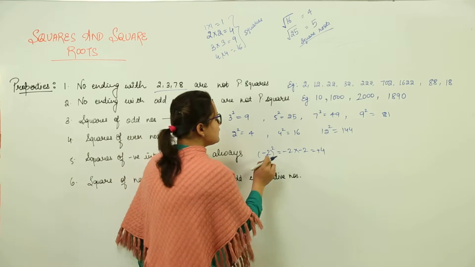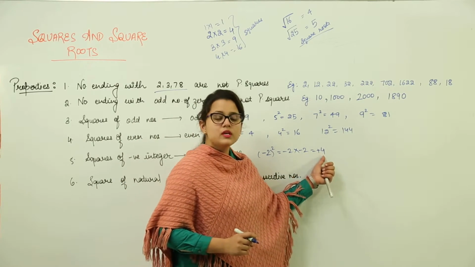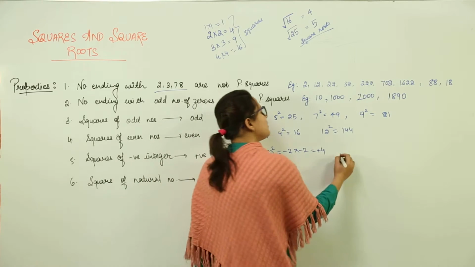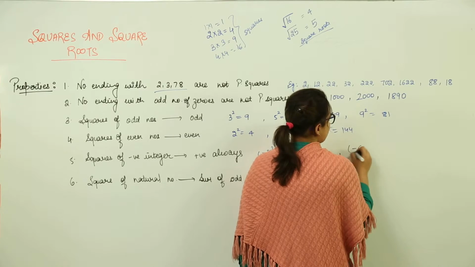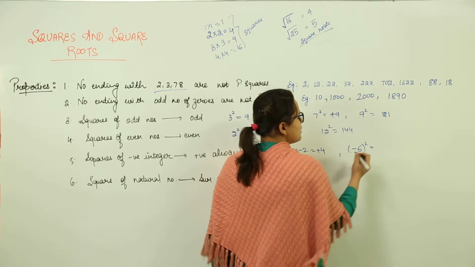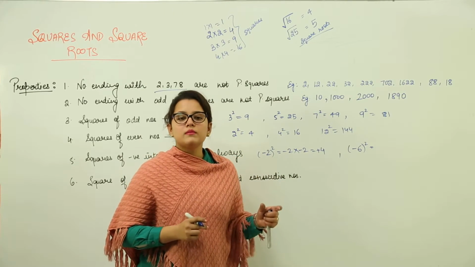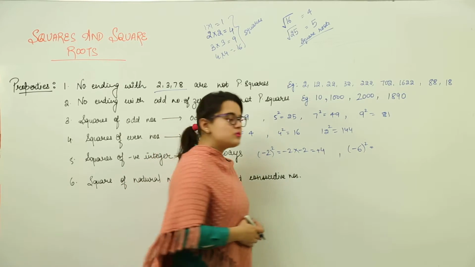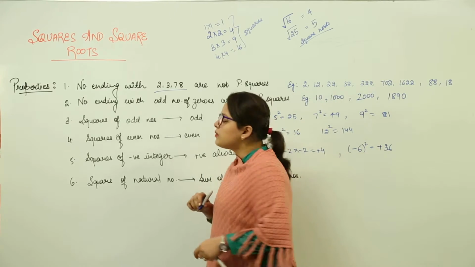So when you take the square of any negative number, it will always be positive. Let us take one more example. Okay, let's take -6. Here also, if you multiply -6 2 times, that will get converted into plus only. So no matter what, you will get your answer as positive only.